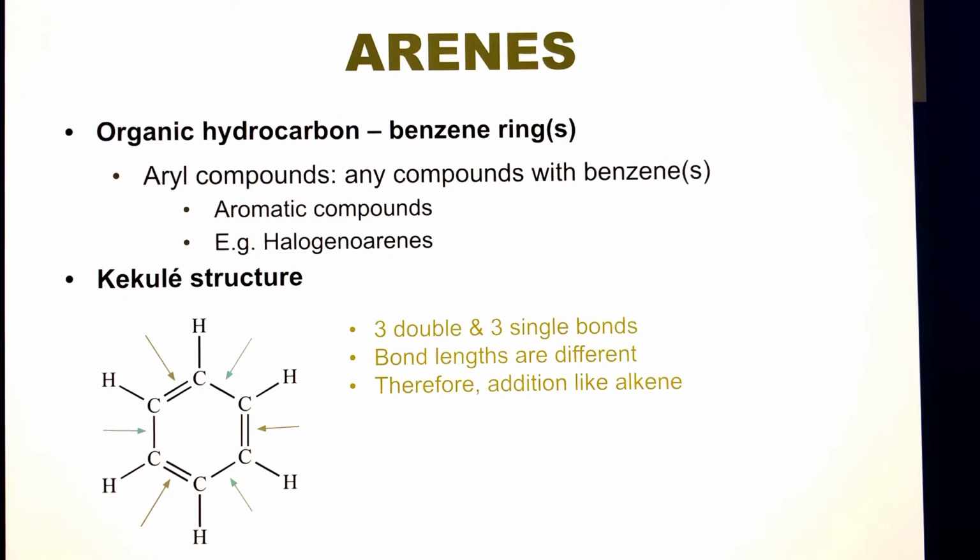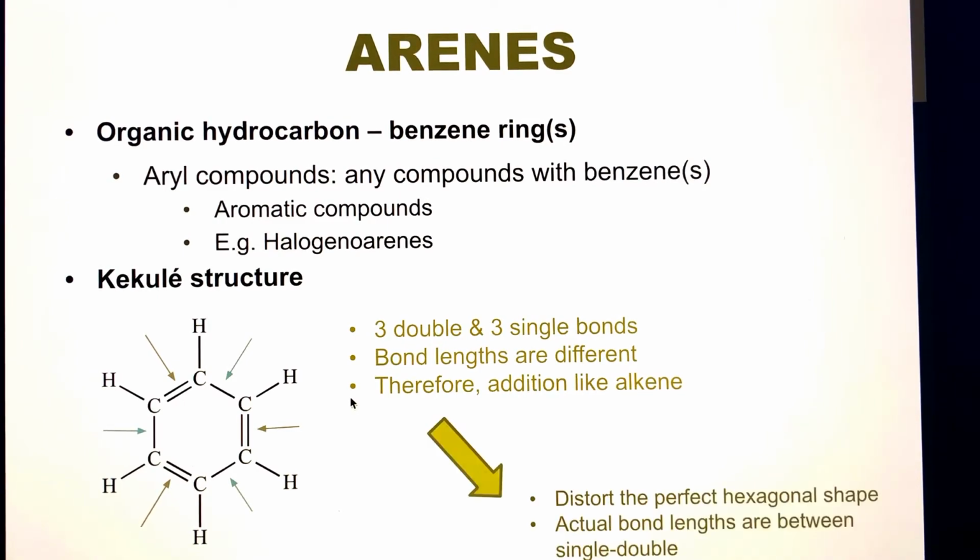Second, because of the reactions it undergoes, this structure is definitely different from an alkene. If this structure actually had 3 double bonds, it would undergo addition reactions like an alkene. But in reality, it doesn't.